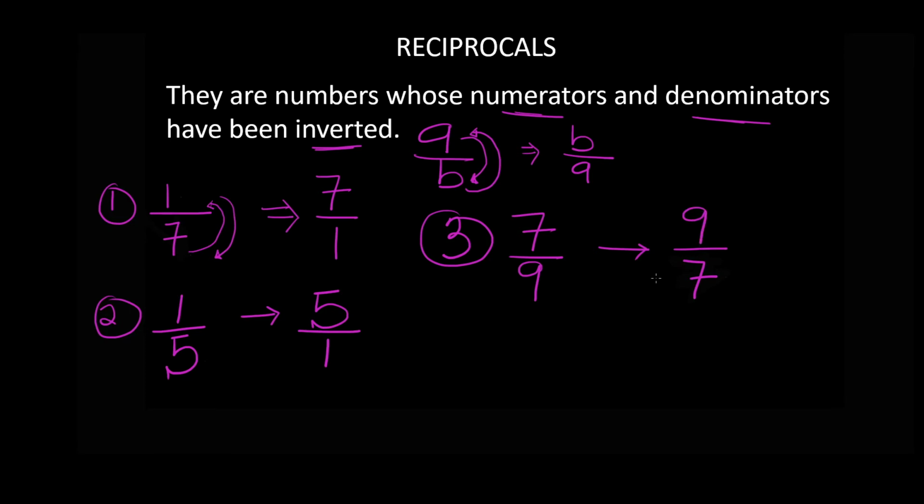So the reciprocal of 7 over 9 is what? 9 over 7.